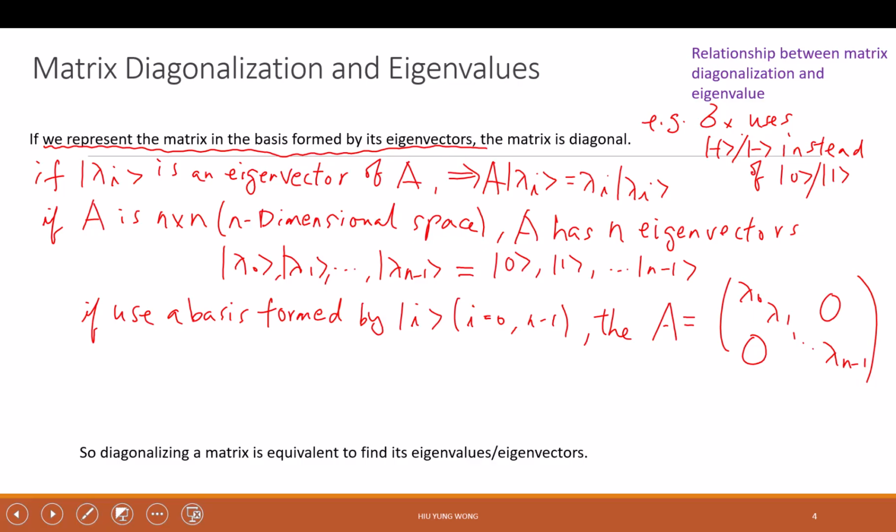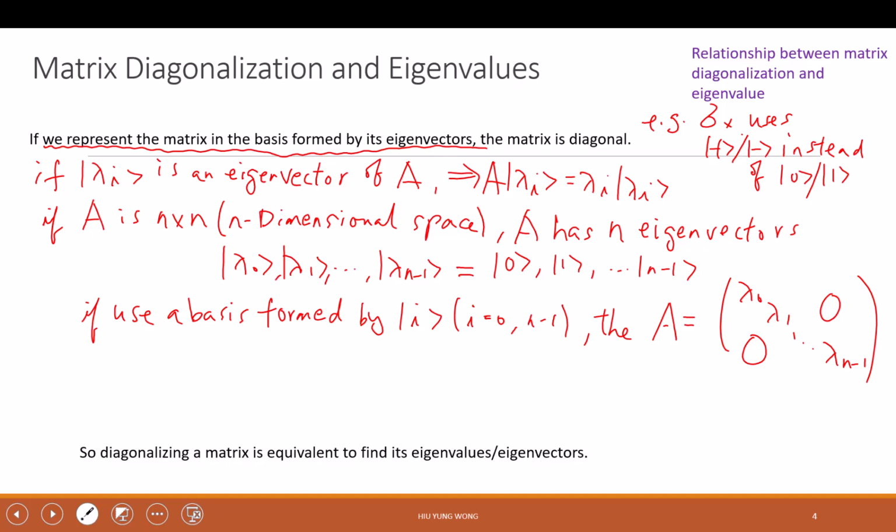When we see this, it means all elements in the off-diagonal corners are 0, and we have the diagonal values lambda 0, lambda 1, all the way to lambda n minus 1. So what does it mean? It says if you use the eigenvectors as the basis, then that matrix is going to be diagonalized with its eigenvalues.